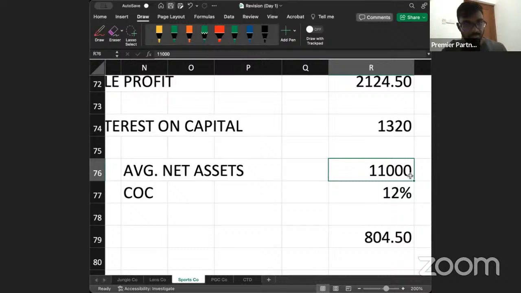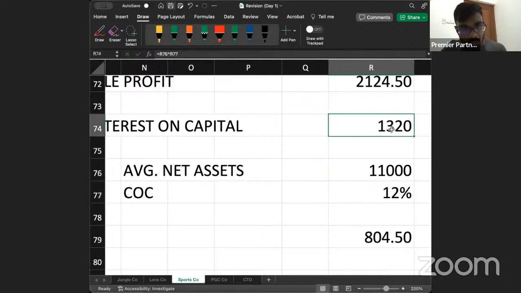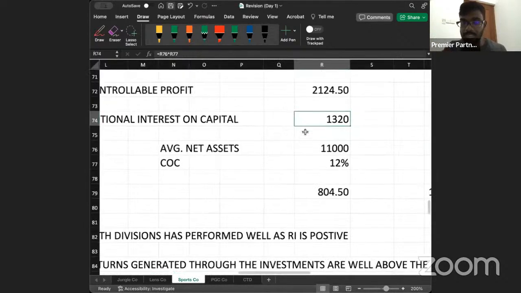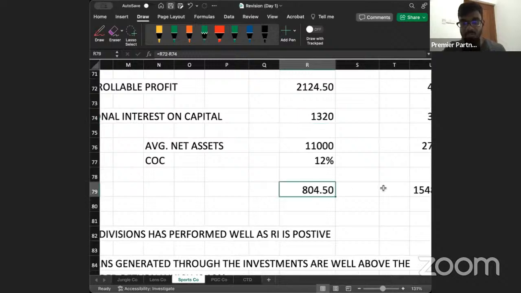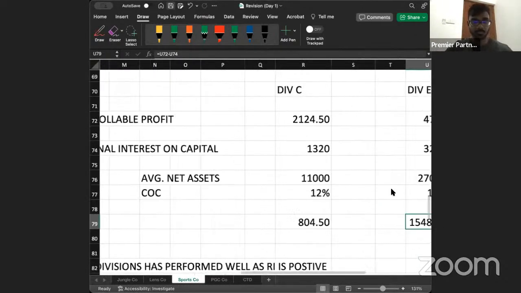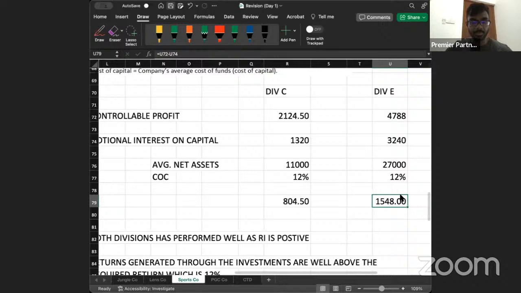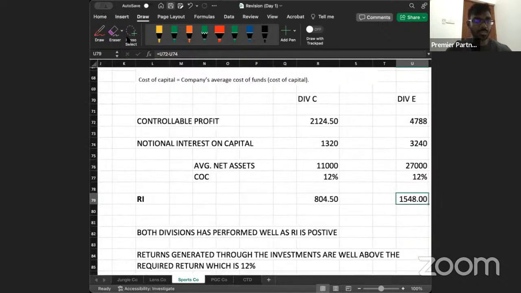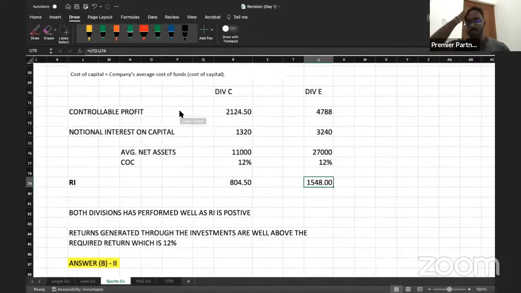So you have given how much to this particular division? 11,000. So you need 1,320 as return. That is what this notional interest on capital means. So these are my RI values, people. Are you getting these RI values? Anyone who's confused with the RI values?